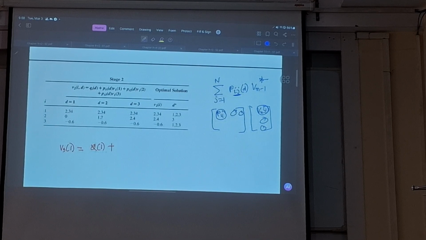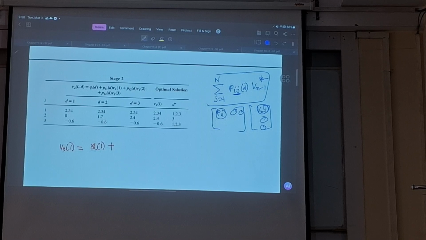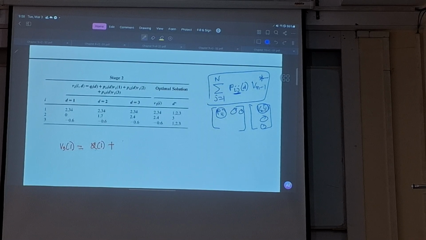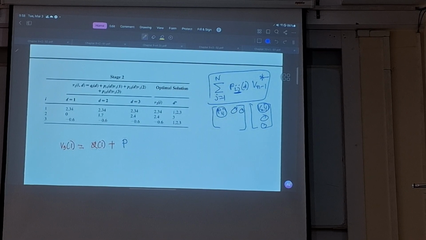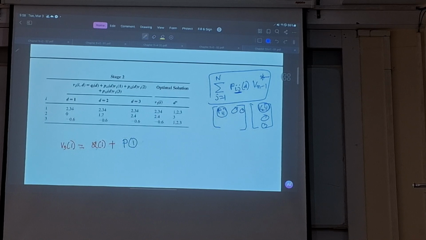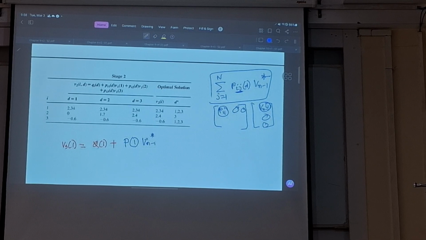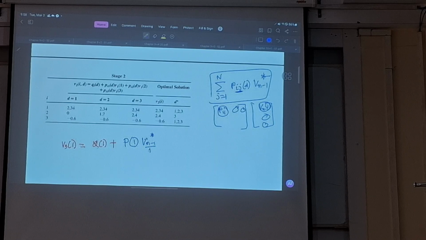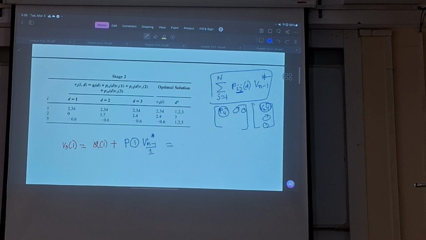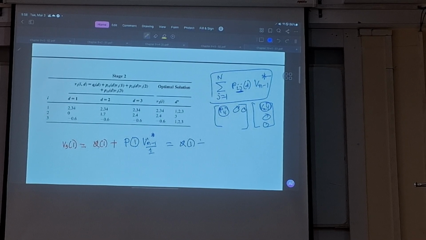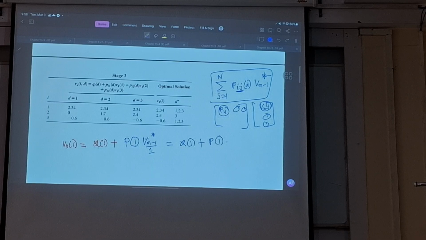So instead of this summation, we can write the vector operation: the transition probability matrix for policy 1, and then the optimum one, the n minus 1, which here is 1. So we can write E1 plus E1.